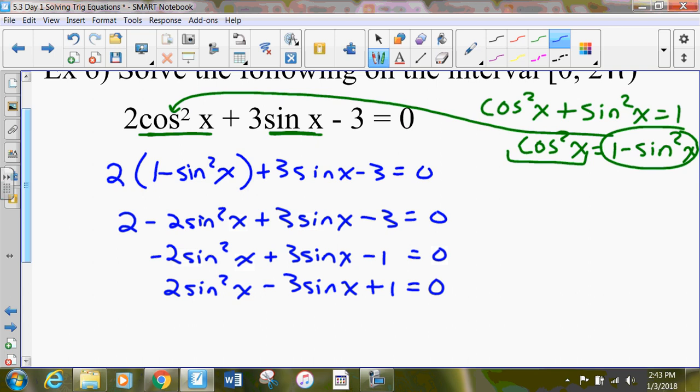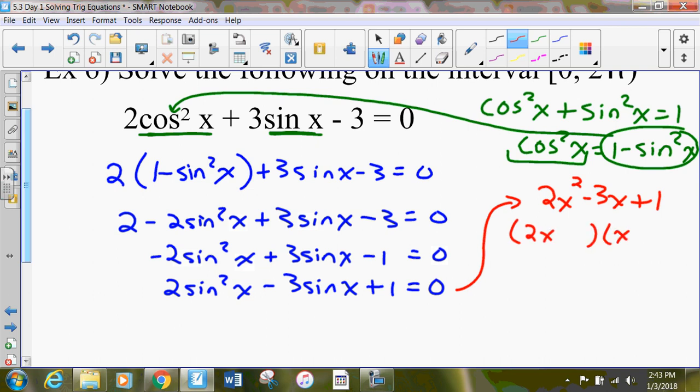every term. Now I can take this and rewrite it as 2x squared minus 3x plus 1. And we've used this strategy many times before in this class. And that is to take something that looks like a quadratic and change it into a quadratic so it reminds us what we can do as far as factoring, and then apply what we learned here back to the original problem.